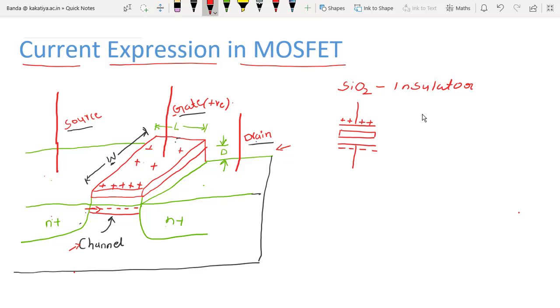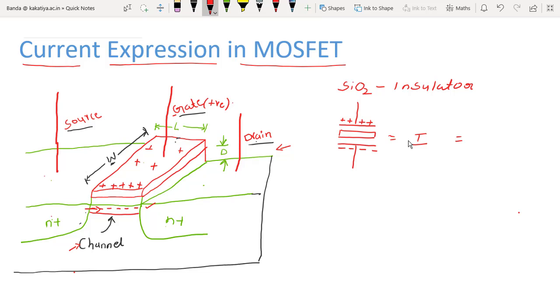So after applying positive voltage, this MOSFET looks like a capacitor. So if we find the current expression for the capacitor, it is nothing but the current expression in the MOSFET.